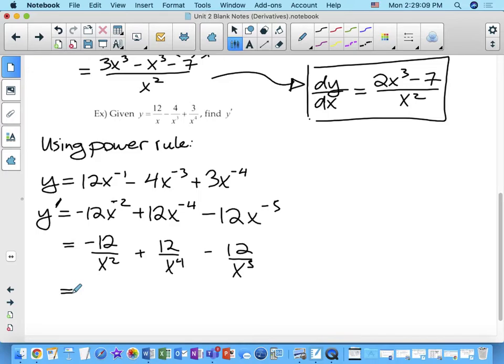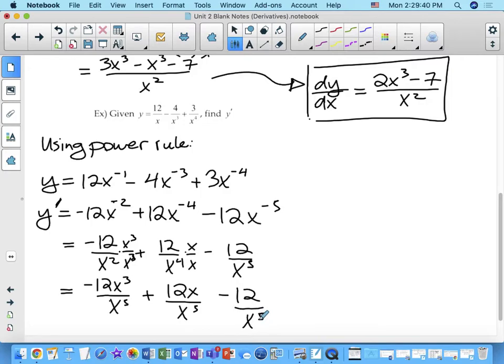So we'd have to multiply this guy by x cubed over x cubed, and this one by x over x, to get that x to the 5. So this is going to become negative 12x cubed over x to the 5 plus 12x over x to the 5 minus 12 over x to the 5.